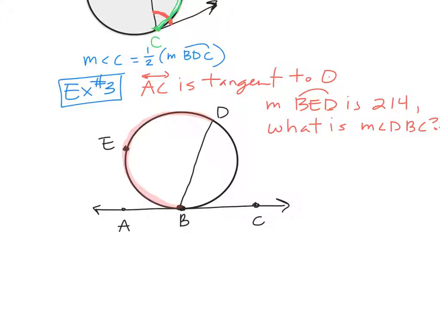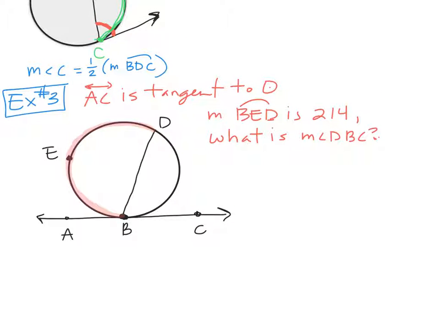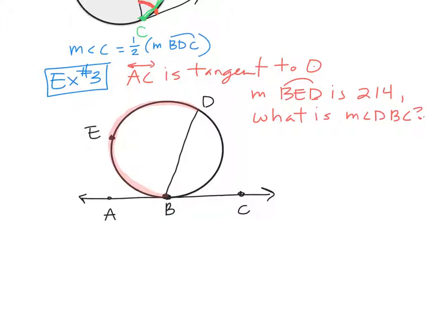Okay, that arc is 214. Ooh, we're moving. Sorry. Okay. What is the measure of angle DBC? So we're looking for DBC, which is this angle.